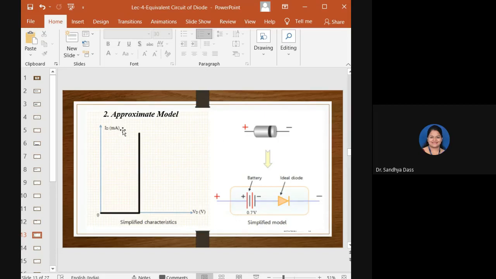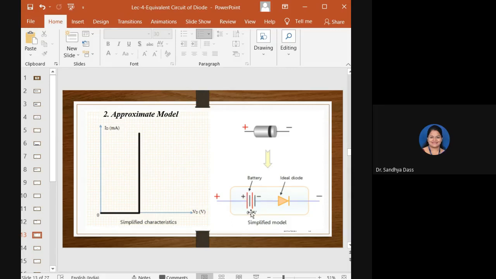So in this approximate or simplified model, we take these typical characteristics. If it is a silicon type of diode, we will replace the diode with a constant supply of 0.7 volts. Or if it is a germanium type diode, we will replace the diode with a supply of 0.3 volts.